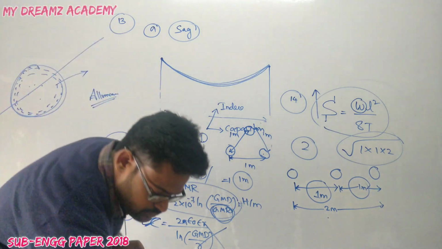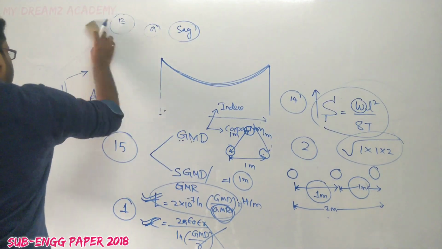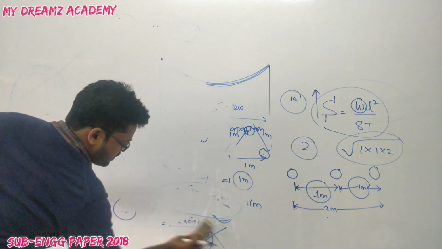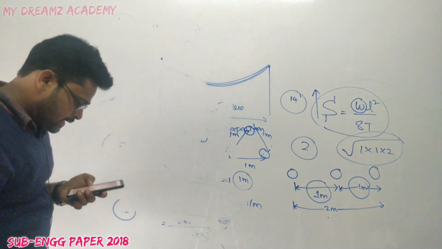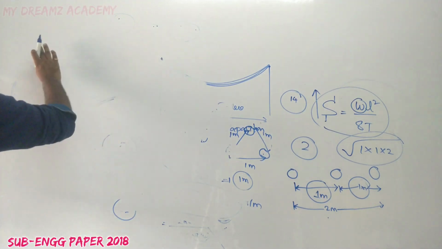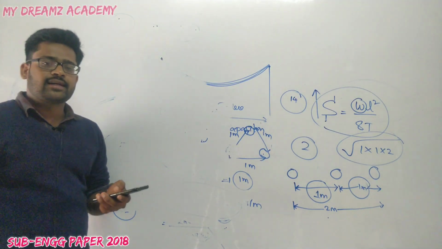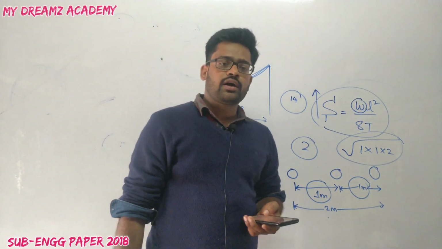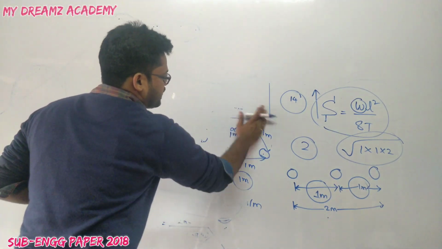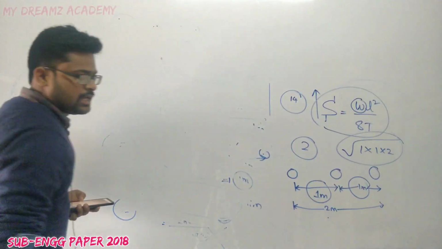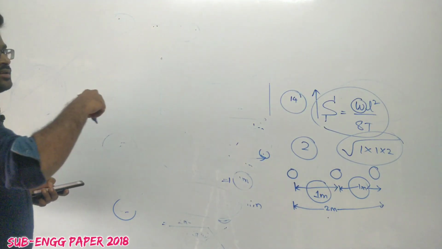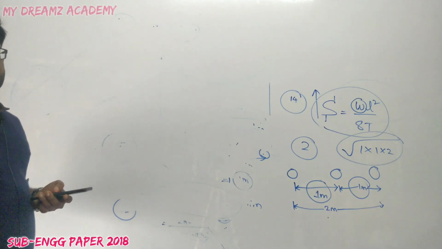Next, the 16th question: hollow conductors are used in transmission lines. We have different types of conductors. One is a solid conductor, next one is a hollow conductor, and another is a stranded conductor, that is aluminium conductor steel reinforced, where the outer layer is aluminium and the inner layer is steel.